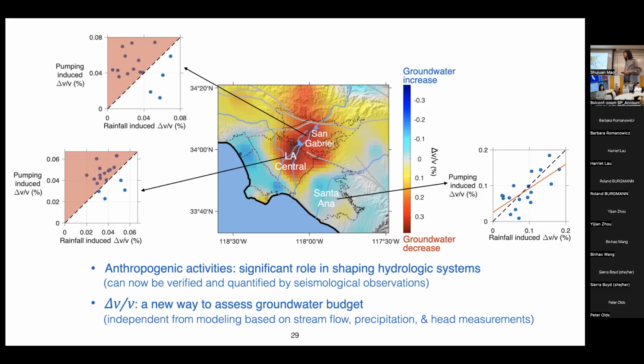Because I first thought the reddish color on the map is of course related to the pumping induced dV over V, because your pumping related induced dV over V is estimated from the winter summer part of the decrease itself. So it's almost saying the same thing, because average over the more decrease, larger decrease means upper triangle in this diagram.